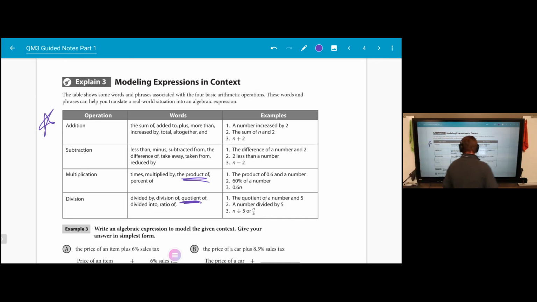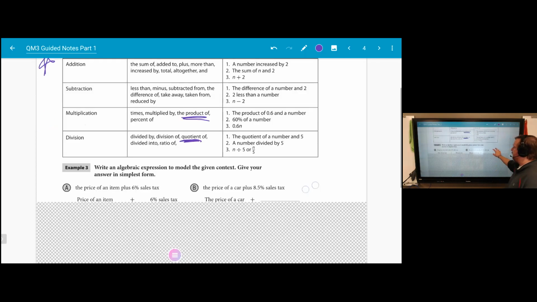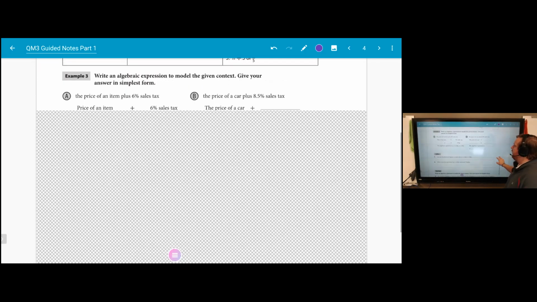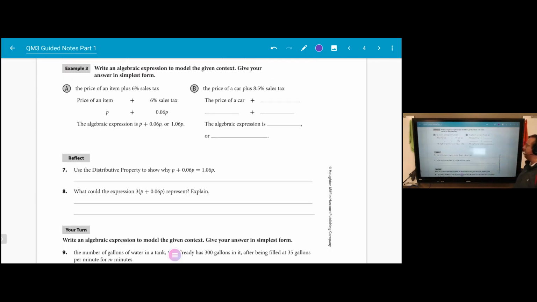So what we're going to do is look at these 2 examples right here. It says write an algebraic expression to model the given context. Give your answer in simplest form. The price of an item plus 6% sales tax. Now you have to understand how sales tax works to make this question work, so this is not an example that I would give on a test, because I don't necessarily know that you know how sales tax works, and that's okay.